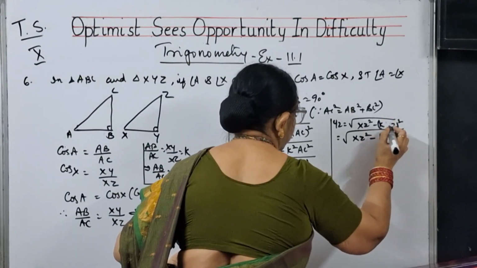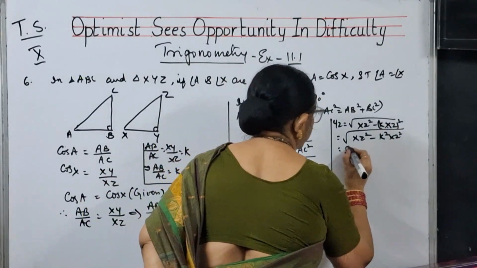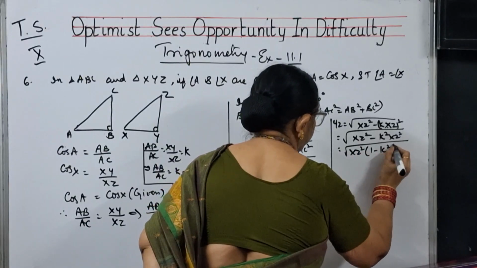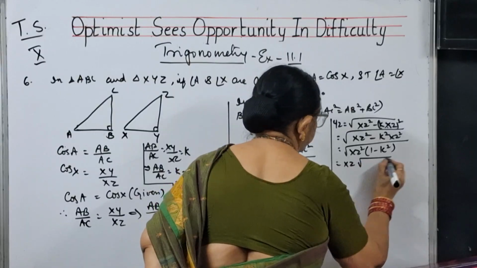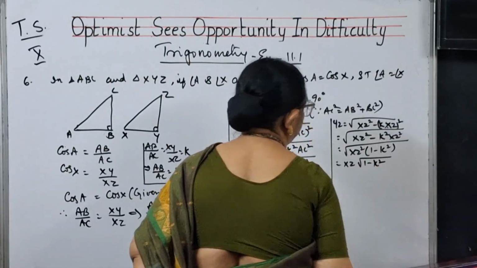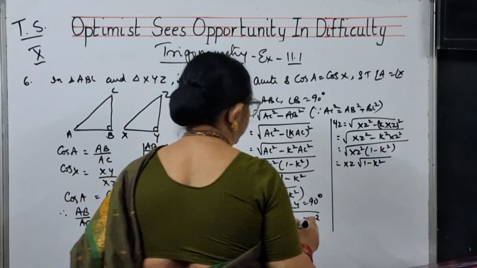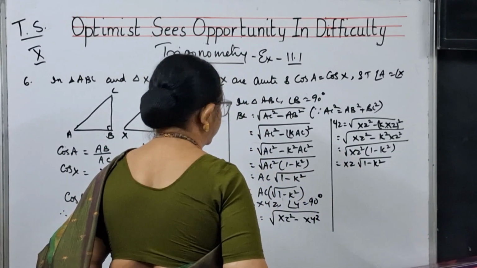This means root of XZ square into 1 minus K square. So when you take XZ out, root of 1 minus K square is XZ value. YZ is equal to XZ into root of 1 minus K square.